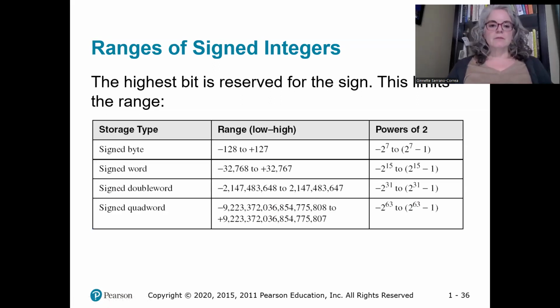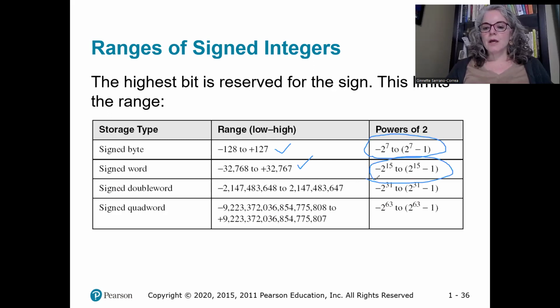In this chart, earlier we looked at the ranges of unsigned integers. This is the ranges of signed integers. You don't have to memorize these, but we are going to be using this one a lot and this one right here. And this is how they're calculated.